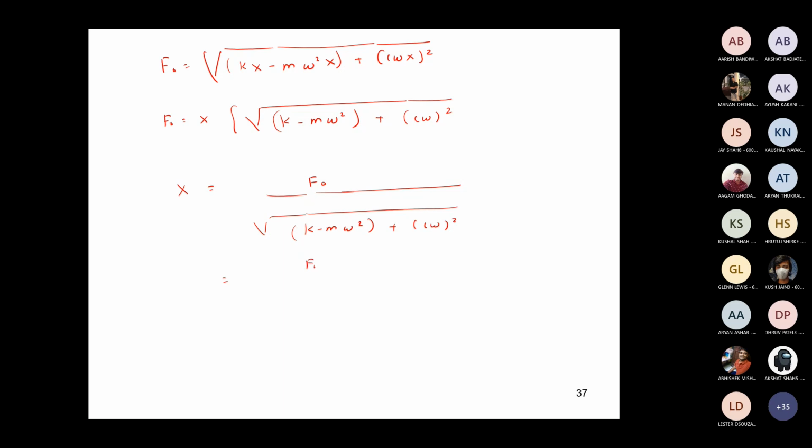This becomes F0 by k divided by square root of (1 minus m omega square divided by k) whole square plus (c omega by k) whole square.